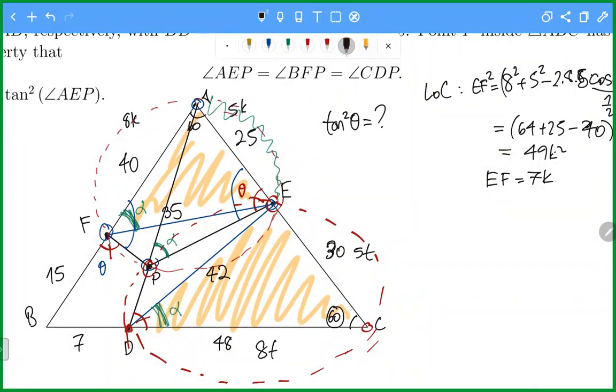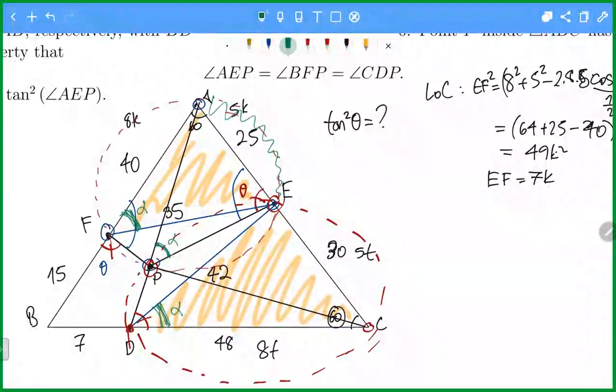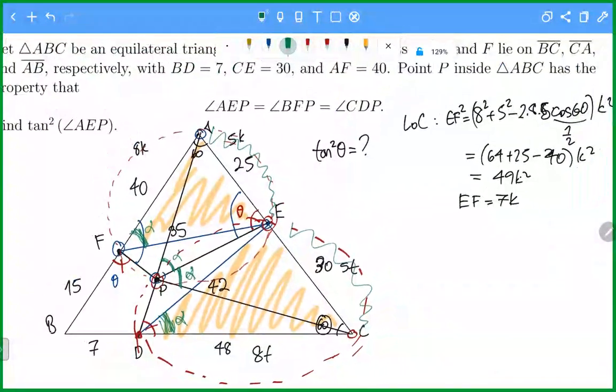And then we're going to connect P with C, and we immediately obtain that this is also alpha. Why? Because this arc is seen by angle alpha from the inscribed angle, so this has to be alpha. And those are the two.